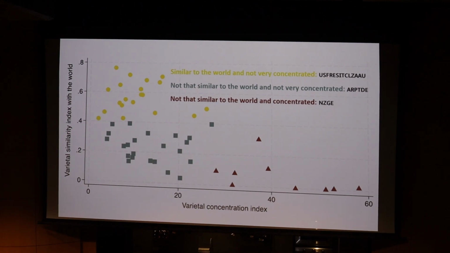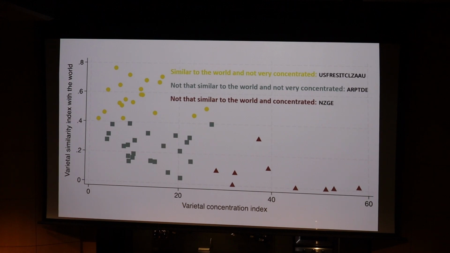These are countries that are quite similar to the world as a whole in their mix of wine grape varieties, but are not super concentrated. And I'm sorry, there's supposed to be some flags, but now they transform themselves into letters. But the US is in this group, and also France, Spain, Italy, Chile, South Africa and Australia. It's easier with the flags.